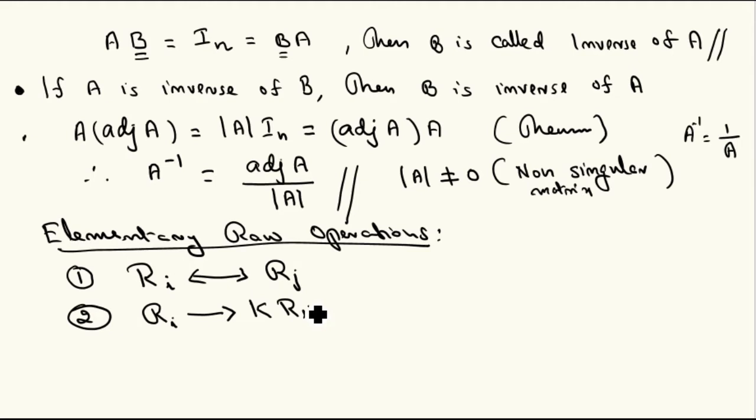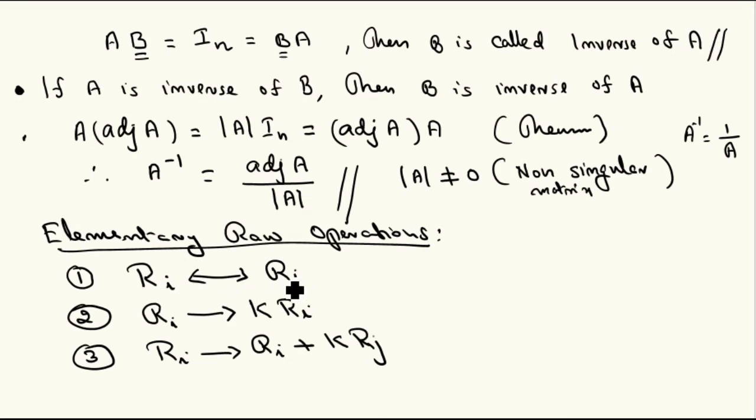Third property is to any row you can add a scalar multiple of another row, Ri and Rj.